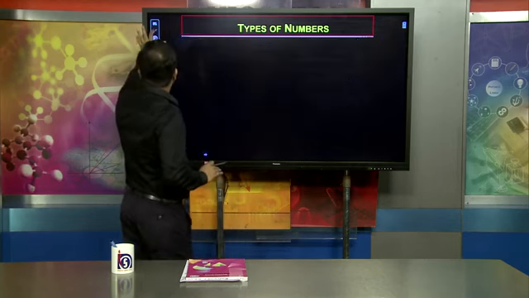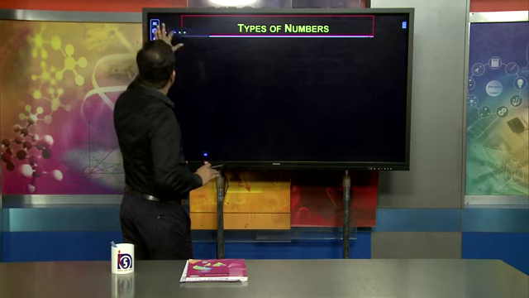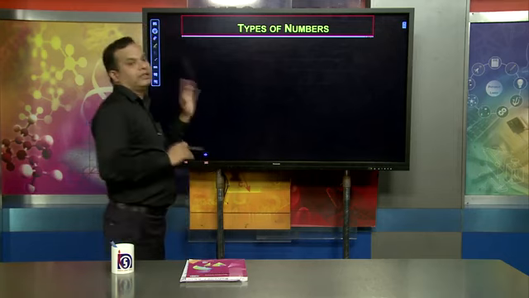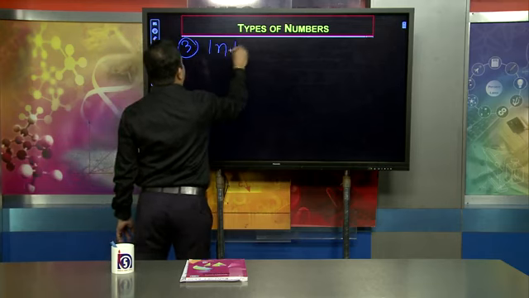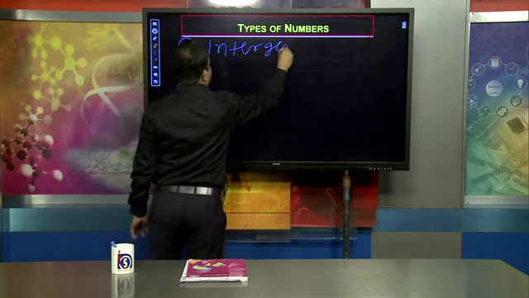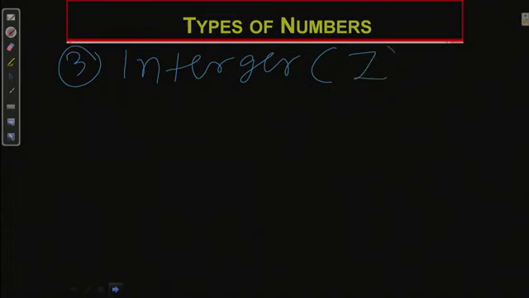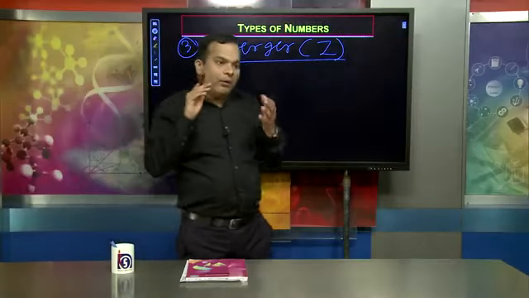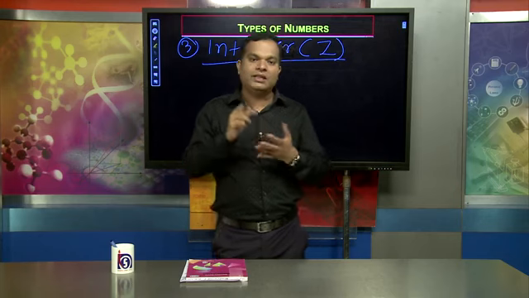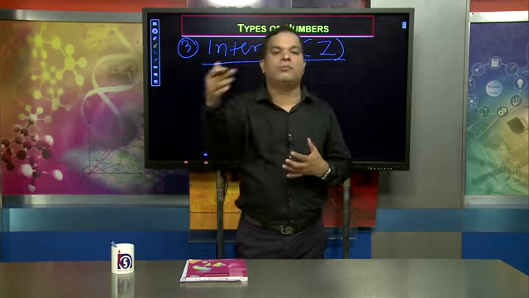Now we will move to the third category of number, which is very important, known as integers. In general, integers are denoted by Z. Integers are a very important part of the number system. Natural numbers and whole numbers are members of the number system.